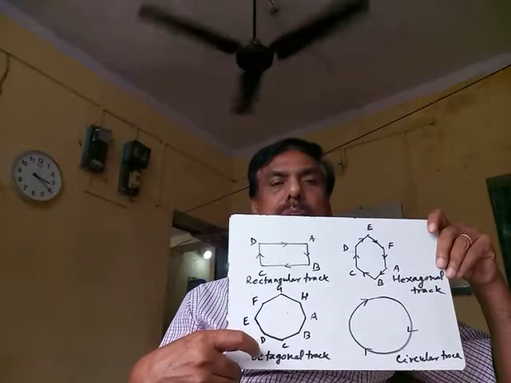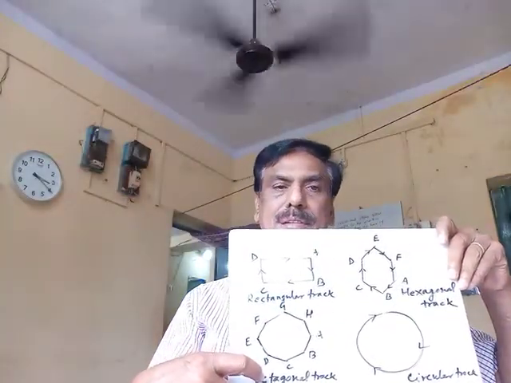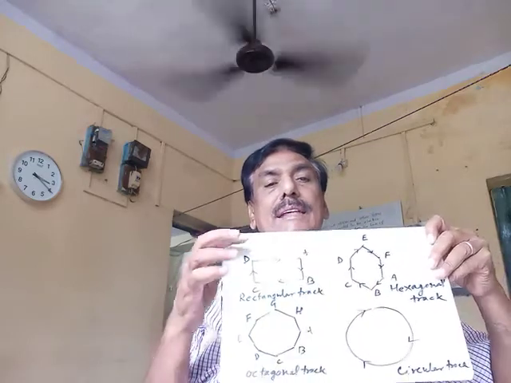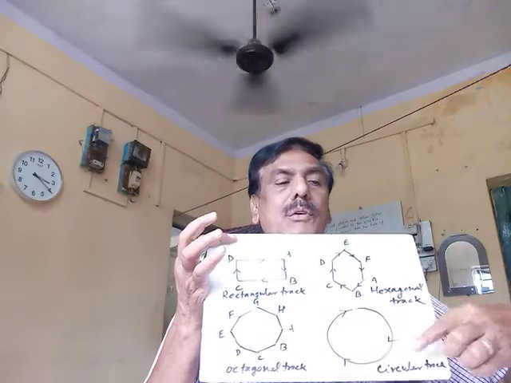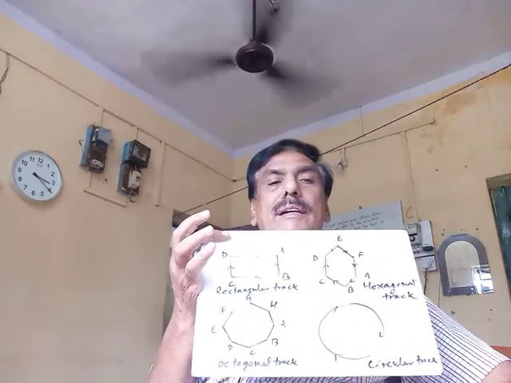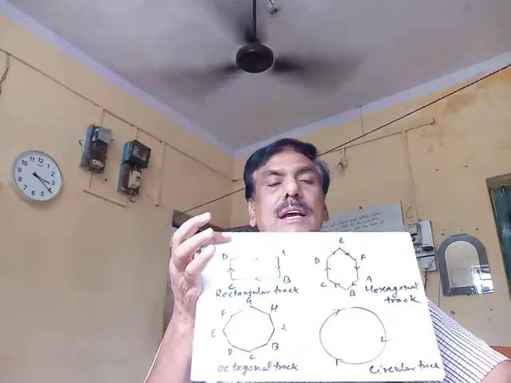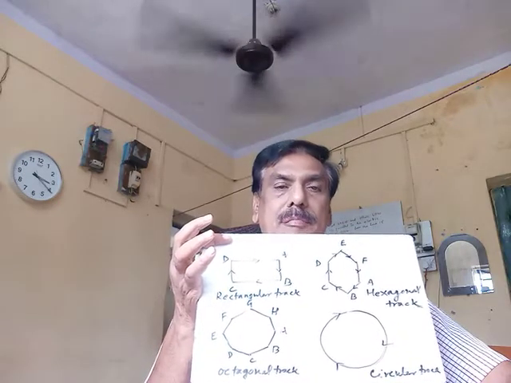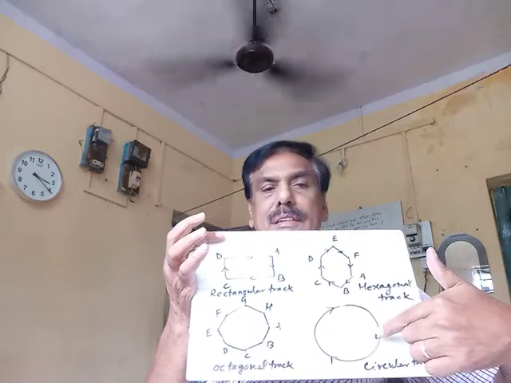In this case, the body is changing its direction 8 times, right? And the next example is this circular one. If you go on making the sides smaller and smaller, ultimately we get a circle. So at each and every point on the circle, the body is changing its direction. You can see this in the figure here.